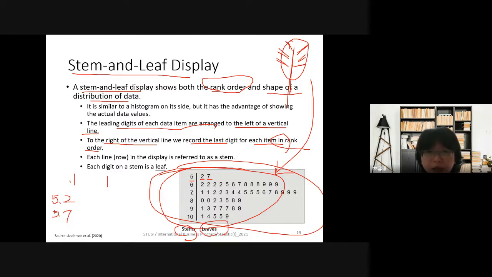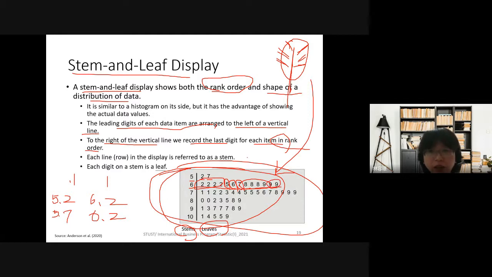And there may be data in the next row: 6.2, 6.2, 6.2, 6.2, four times for 6.2, and one 6.5, one 6.6, one 6.7, three 6.8, and two 6.9.